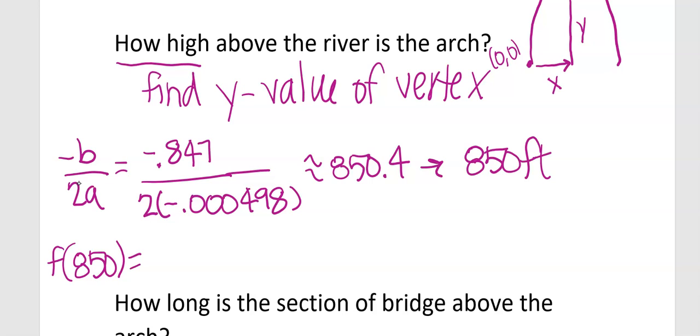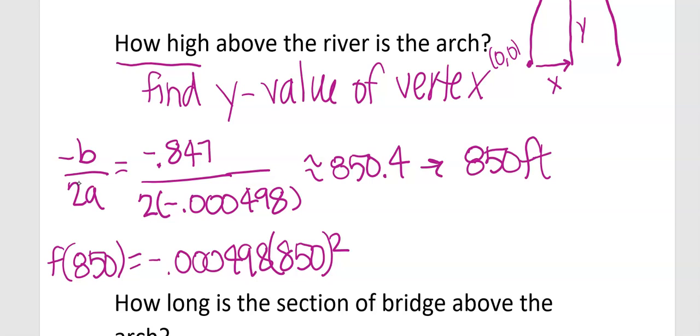Okay, so now I need to look at my numbers. Okay, so negative 0.000498 times 850 squared plus 0.847 times 850.